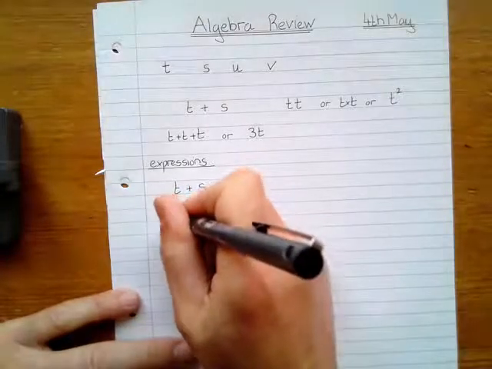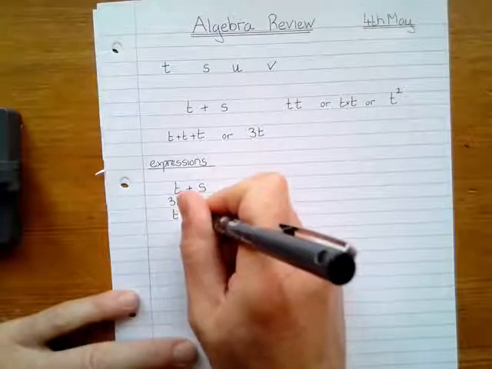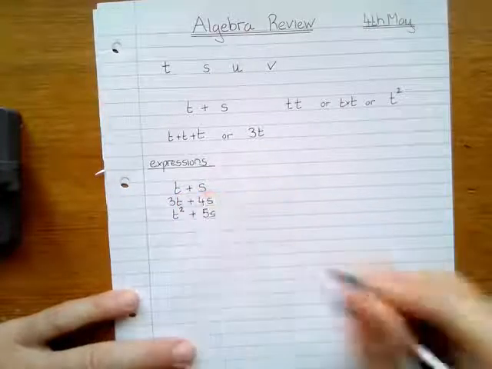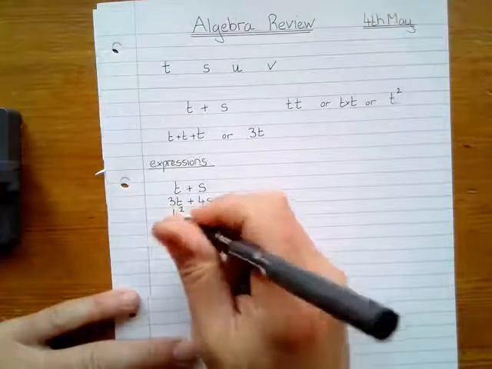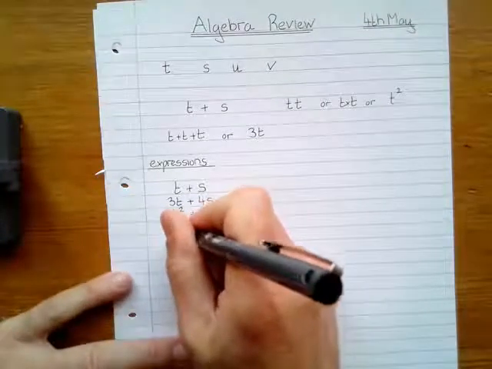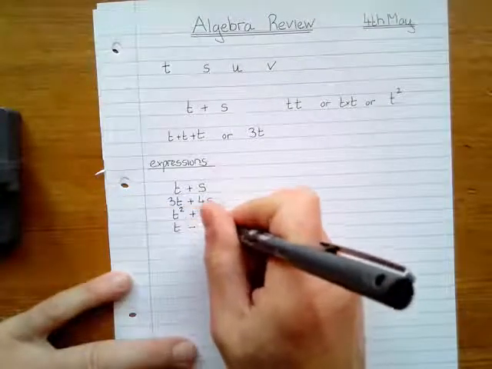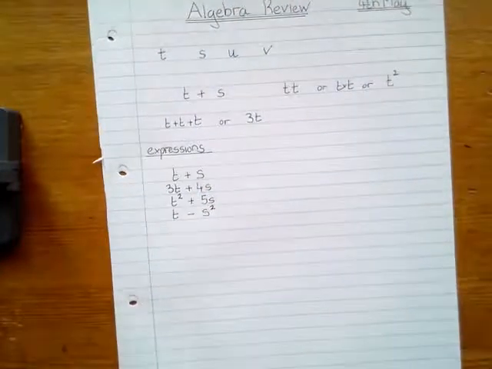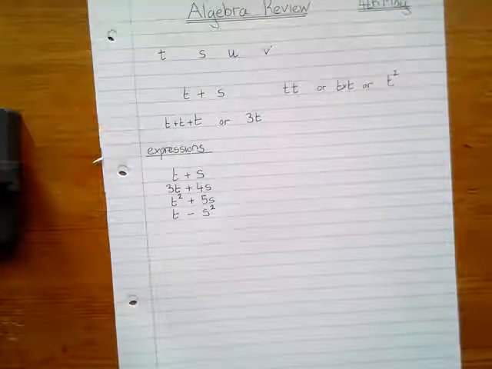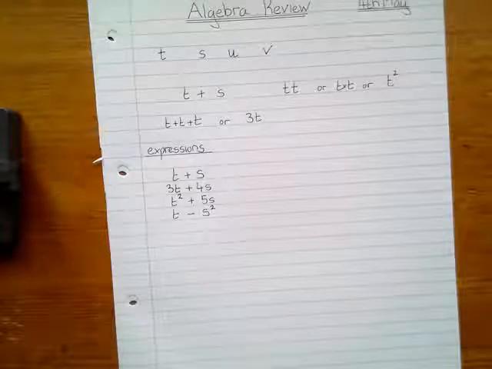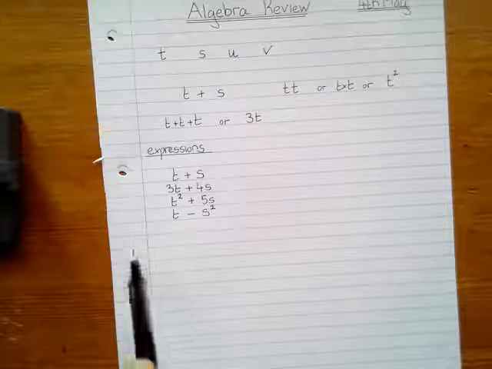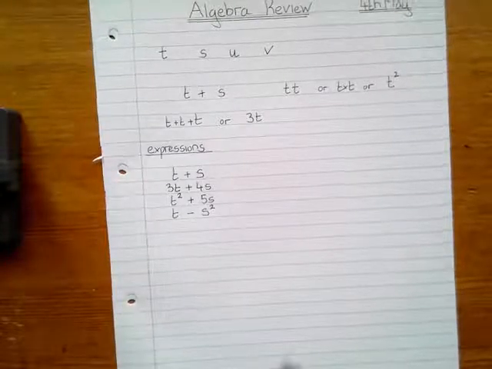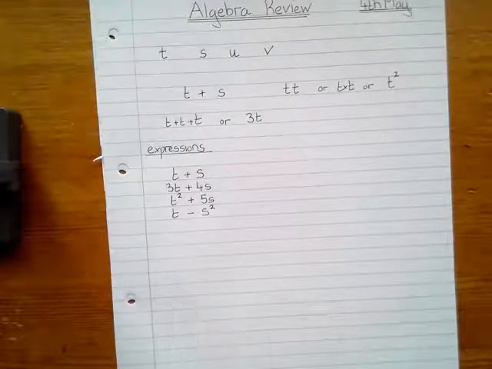So is T squared plus 5S. That's an expression. I can have a minus sign if I want. I could have T minus S squared. All of these are called expressions. And when you look at an expression, what you're looking at are some bits of algebra separated with plus and minus signs.